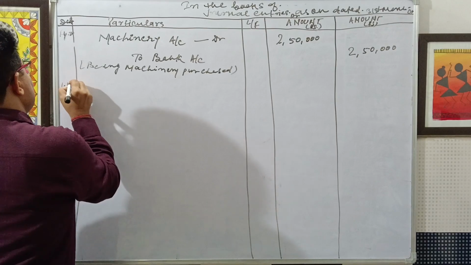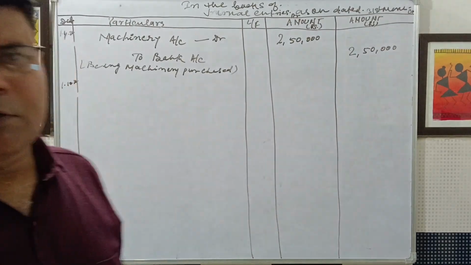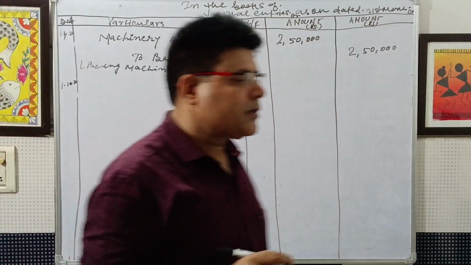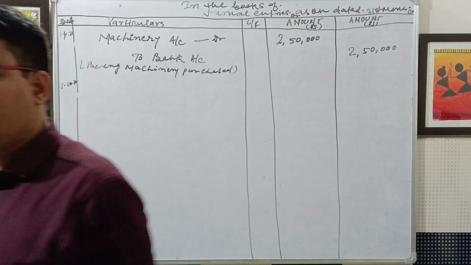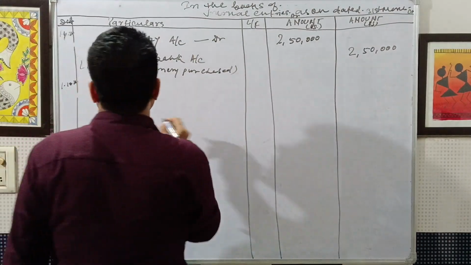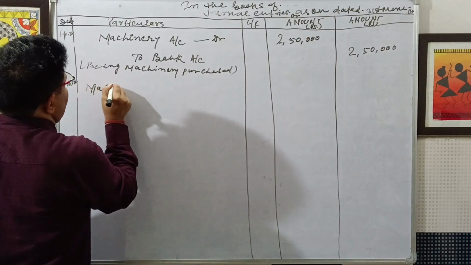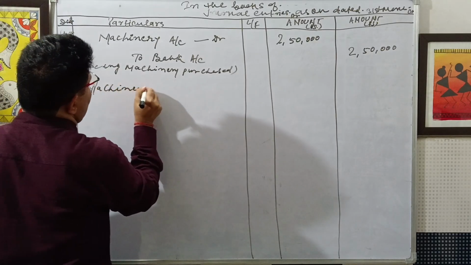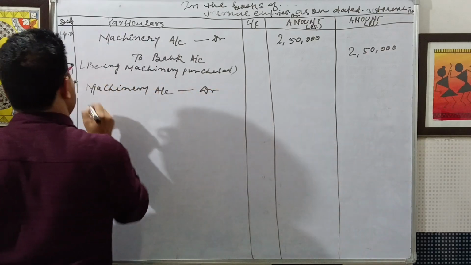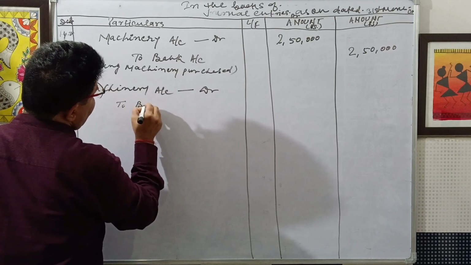On 1st October 2022, another machine is purchased. That value is how much? 1,50,000. So again it is machinery account debit to bank account.